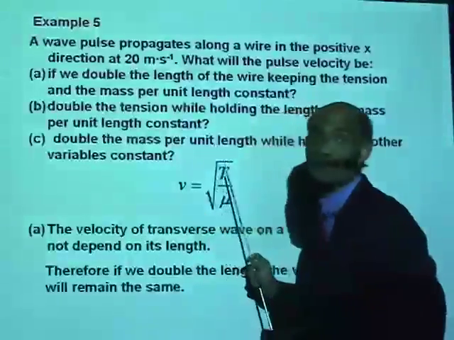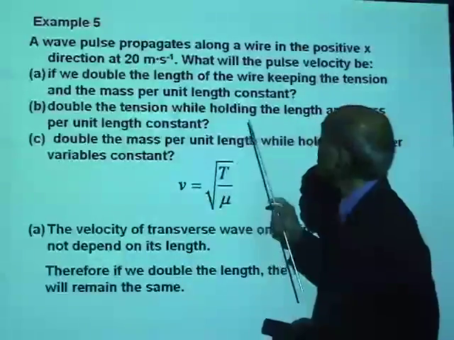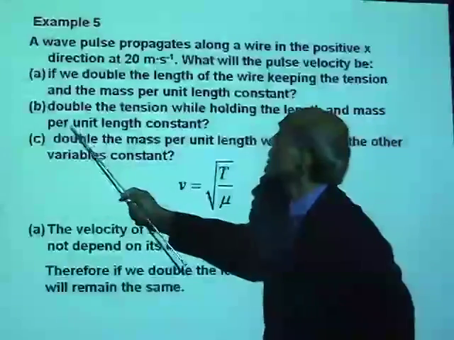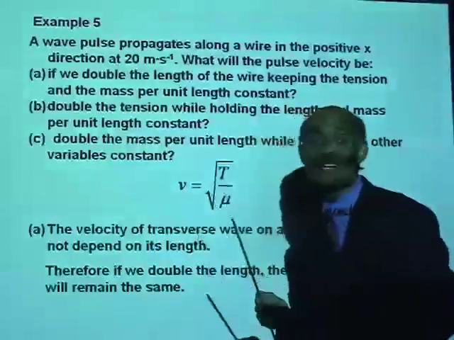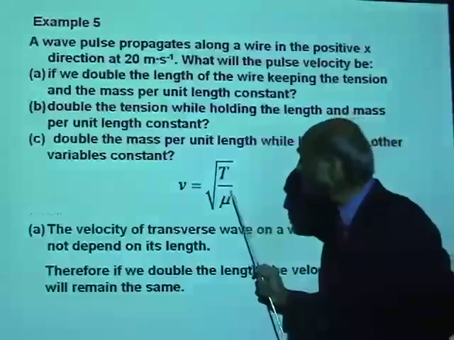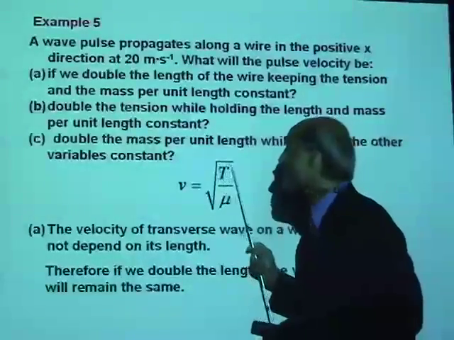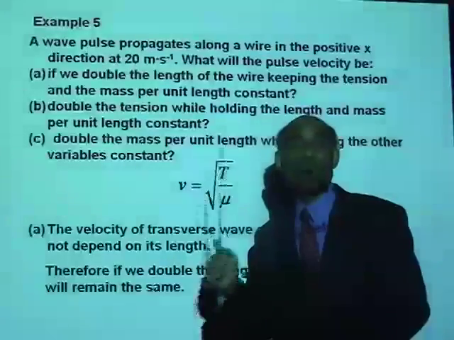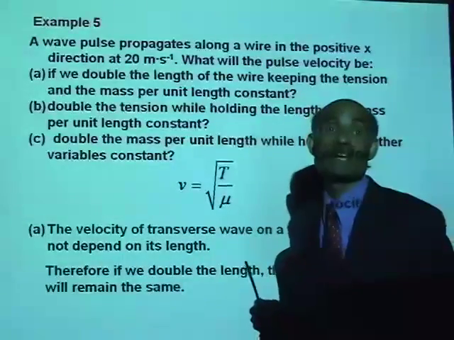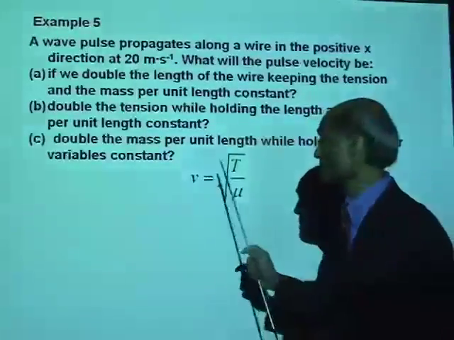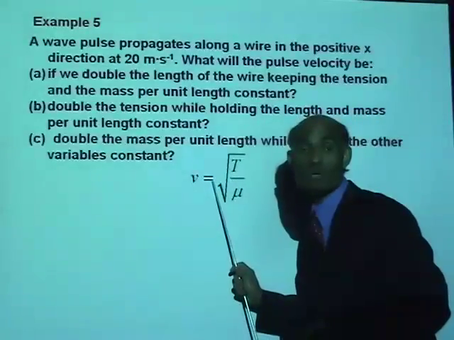Double the tension. You double the tension while holding the length and mass per unit length a constant. You keep the value of mu a constant and double the tension. What will be the speed now? Alright, we start by using the same equation.